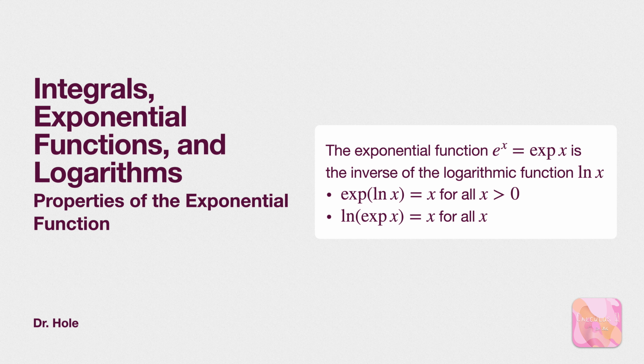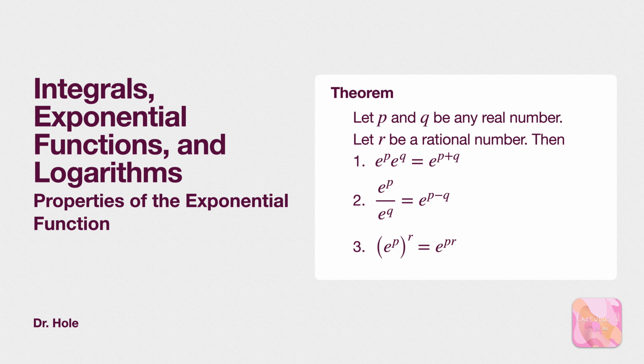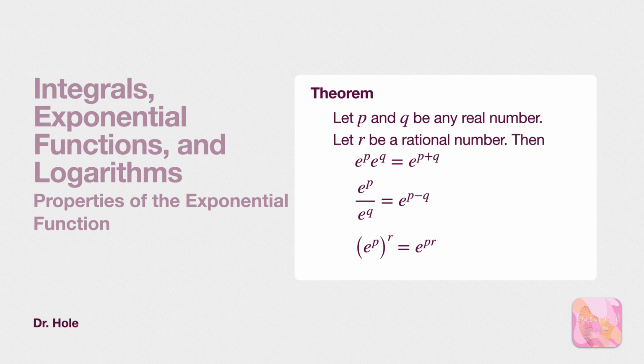This is the identity function. Okay, let's make the theorem here. 3 different properties. Let's take a look at the first one: that if we take a product of exponentials, we get an exponential of a sum. Let's show that.